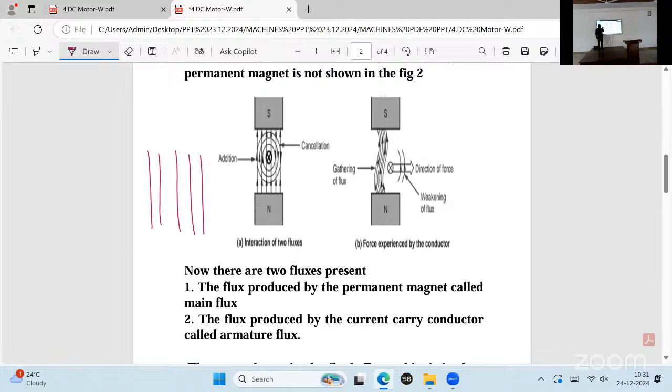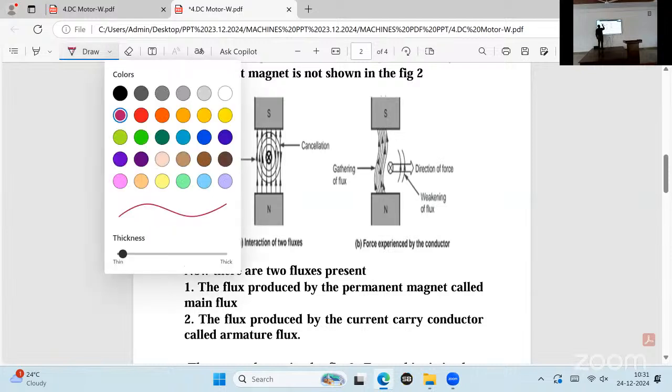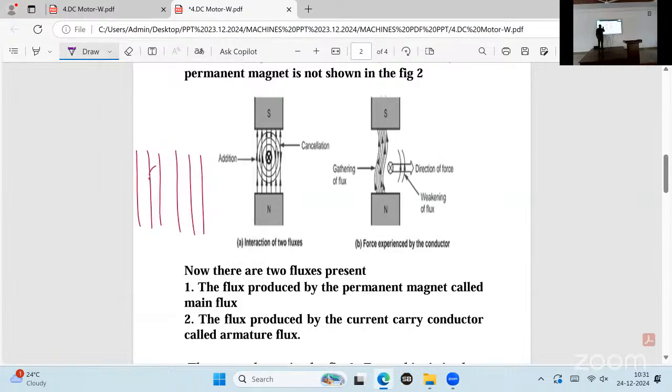I have taken 6 lines of main flux. This is the armature flux, assumed clockwise. Now see the direction. This is anti-clockwise. These all are clockwise.